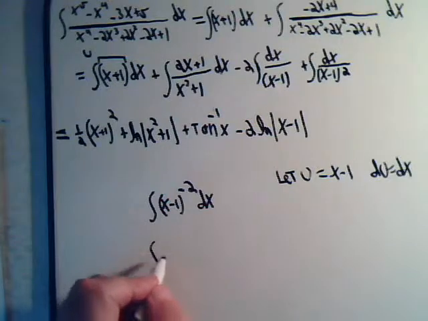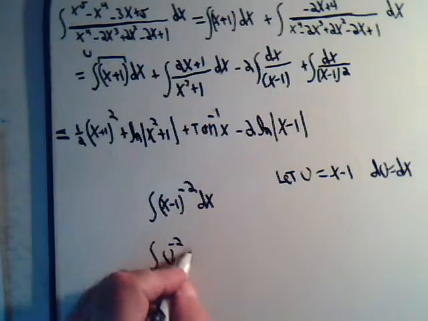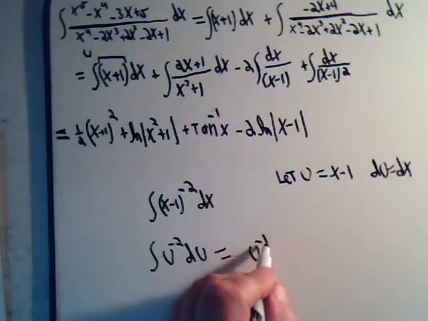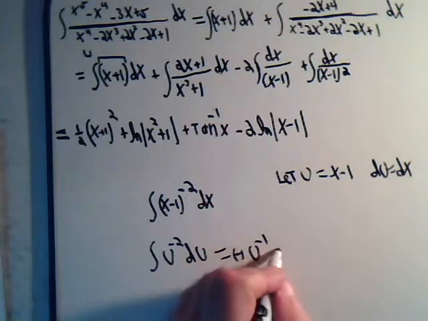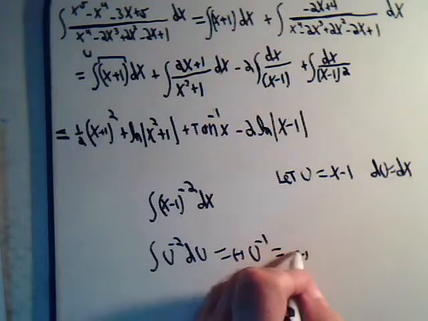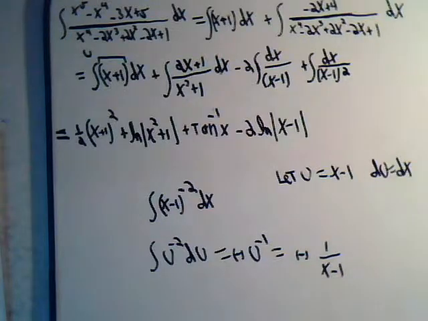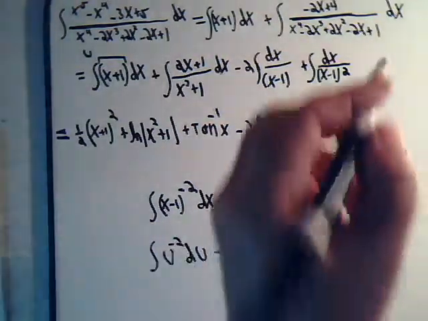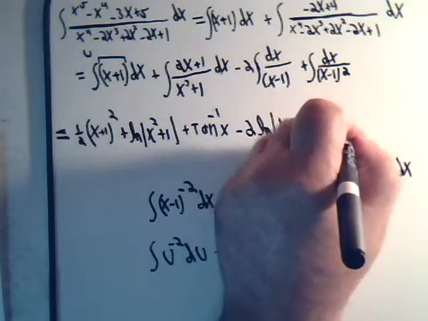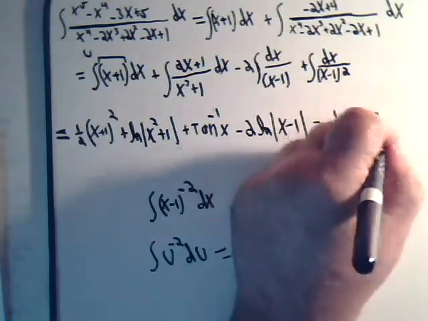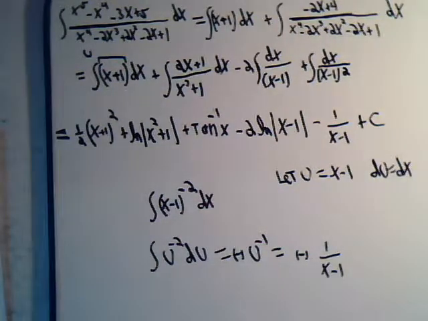Now we have the integral of u to the minus 2 du, which equals u to the minus 1, divided by minus 1, and this equals minus 1 over u, which is x minus 1. So this integral is no problem. Minus 1 over x minus 1 plus a constant. If we haven't made any mistakes, that should be the solution.